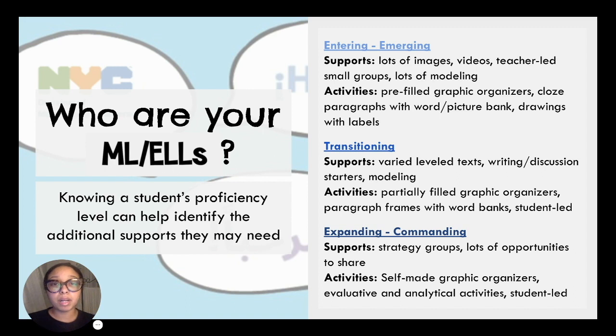So when we're thinking about the entering and emerging students, we want to give them lots of images, videos. We want to do teacher-led small groups and do a lot of modeling so that they're hearing the different content areas in all sorts of media and also seeing how to conduct the way they speak, how to write through these teacher-led small groups.